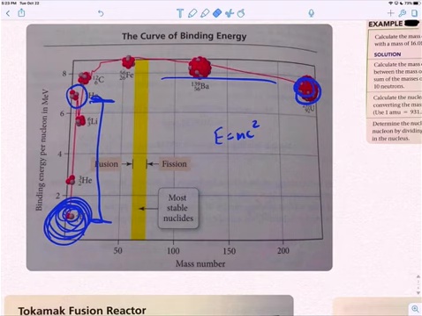Nuclear fusion causes contraction, which means more nuclear fusion takes place. When iron starts to fuse, that's endothermic, which causes the star to contract, which causes more nuclear fusion, and so on.